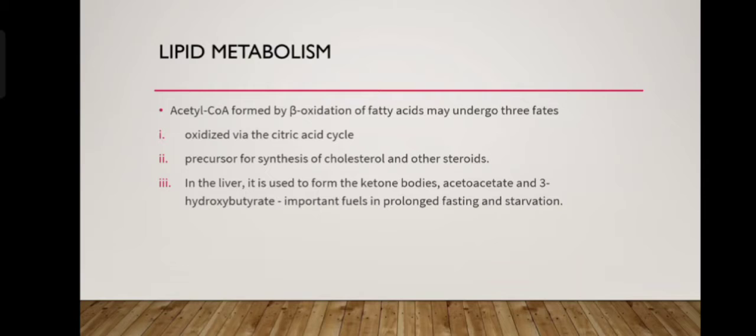More about lipid metabolism, the acetyl CoA formed by the beta oxidation of fatty acids may undergo three fates. First, it is oxidized via the citric acid cycle. Second, it is the precursor for synthesis of cholesterol and other steroids. And third, in the liver, it is used to form ketone bodies.